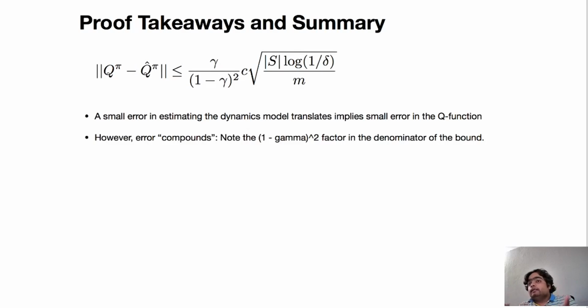Now, a small error in the dynamics probability does imply a small error in the q function. It's just that the magnitudes of small are far apart, because you're multiplying by gamma over 1 minus gamma square. Let's say gamma is 0.99, then 1 over 1 minus gamma square is 1 over 1 minus 0.99 square, which is 1 over 0.01 square, which is super large. So you magnify errors, but a small error nevertheless corresponds to a small error in the q function.